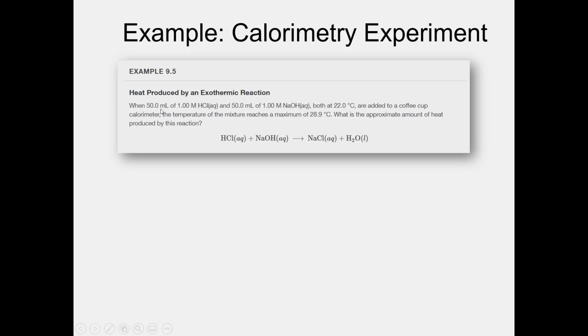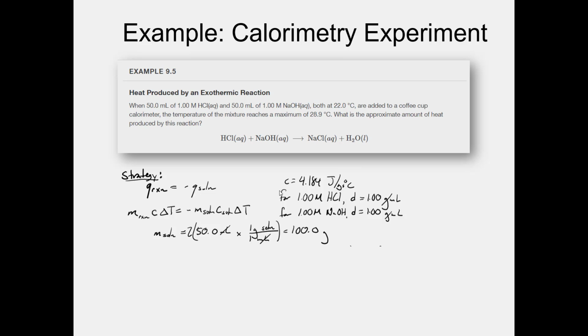All right, so once again, we'll ultimately use the calorimetry equation, q = mcΔT, to solve the problem. And once again, because we're dealing in a calorimeter, the central idea is that the heat released by the reaction, q reaction, is equal to the negative of the heat gained by the surroundings.